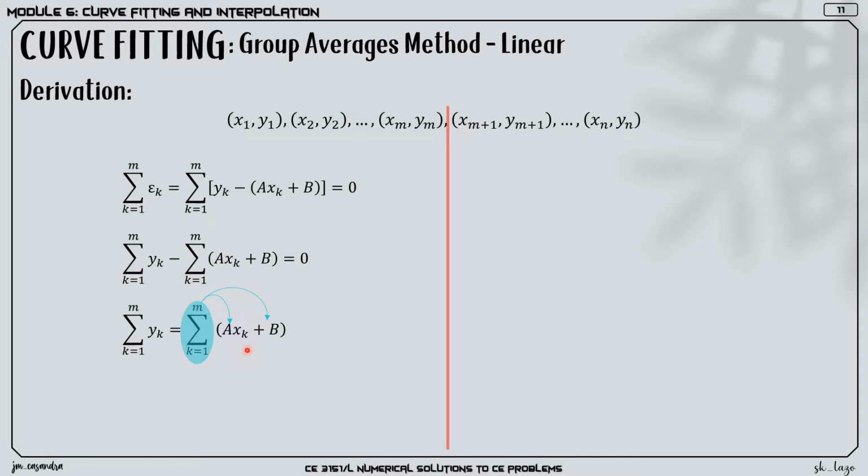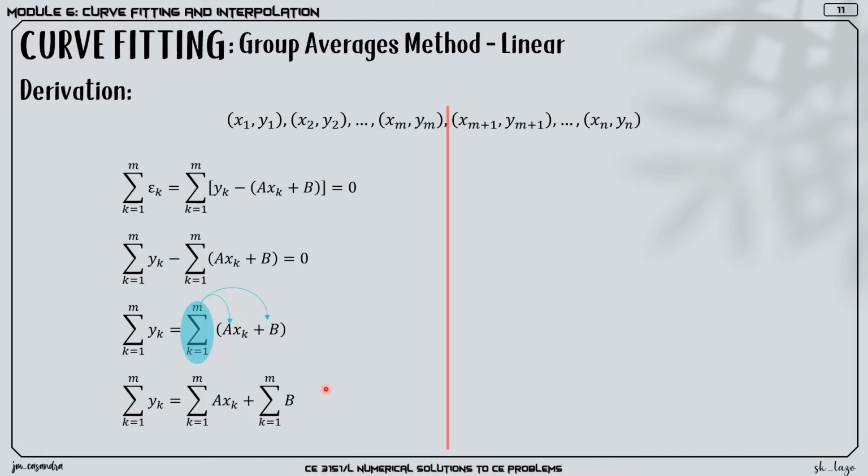So in this case, we could write down that the summation of y sub k from k equal to 1 up to m is equal to the summation of a x sub k from k equal to 1 to m plus the summation of b from k equal to 1 up to n.